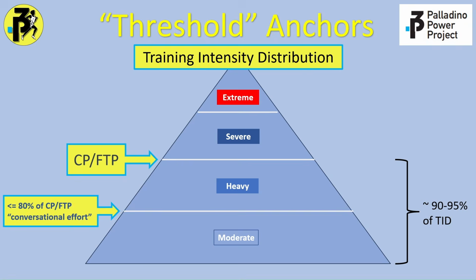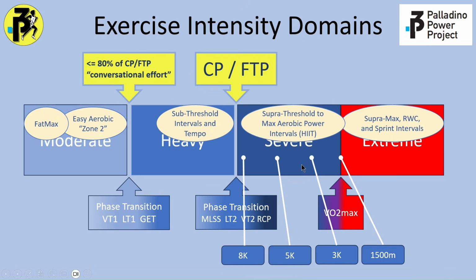Then after that video, I'll probably do another video on how to work sweet spot into training intensity distributions. So we'll come back to this slide, which was presented in that previous video as well, by the way. And then lastly, we'll come back with another video where we start talking about the severe domain and some of the prescription patterns that allow us to prescribe in the higher than CP-FTP domain and how we do that.